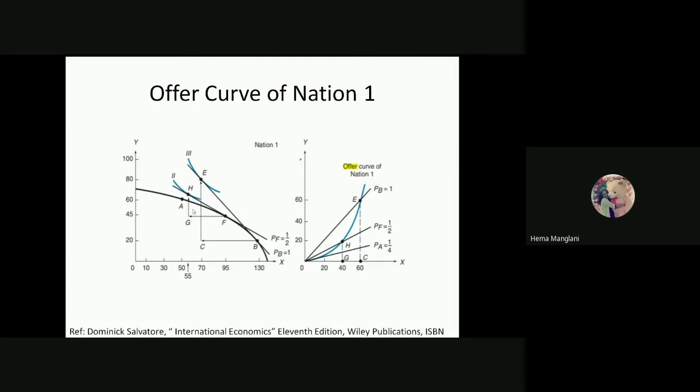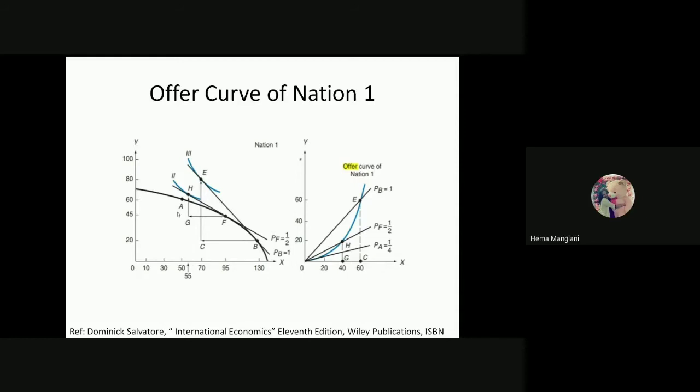But when the country comes to this position, that is the F point, where they are defining a terms of trade line, this is PF equals to half. And the country's consumption point is now different. Now see from this, the country is making a triangle of exchange, and that is HGF now. Okay. So this shows that the country is producing how much?